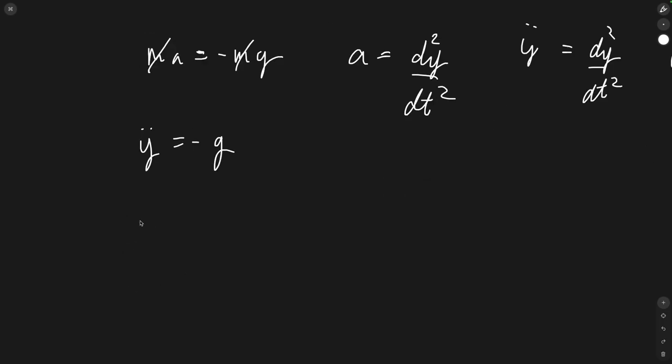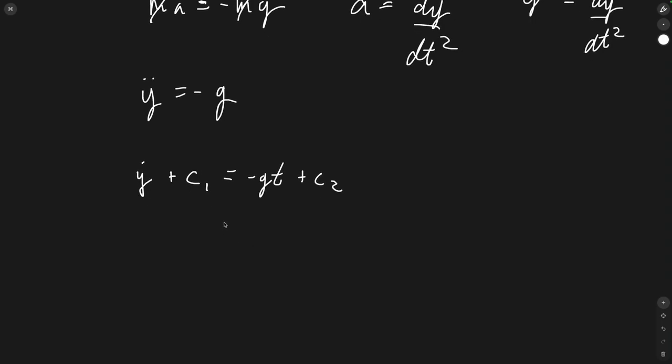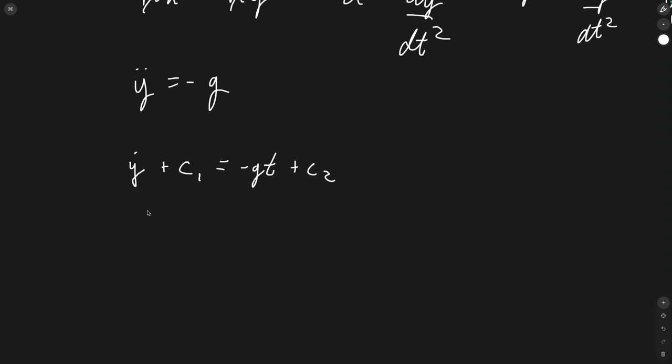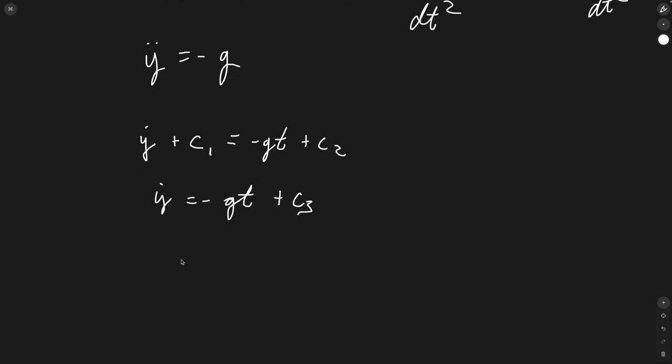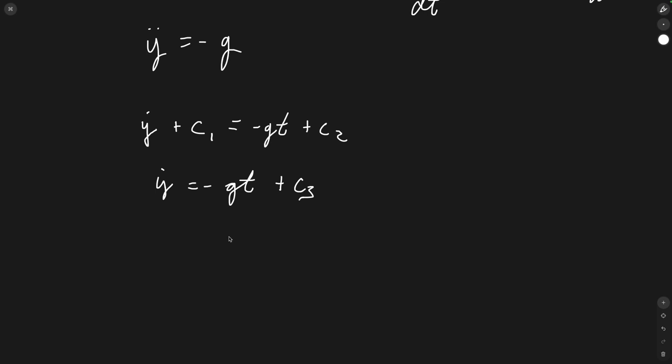Now, how do we solve it? So we could integrate both sides, and we'd get y dot plus a constant called c1 equals negative gt plus a constant c2. And then I could just move this constant over, and I can call the difference between c2 and c1 c3, right? And now I'd like to know what that constant equals.